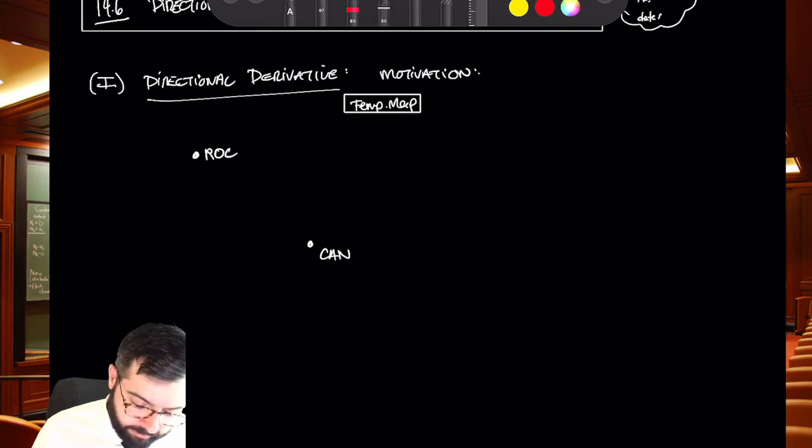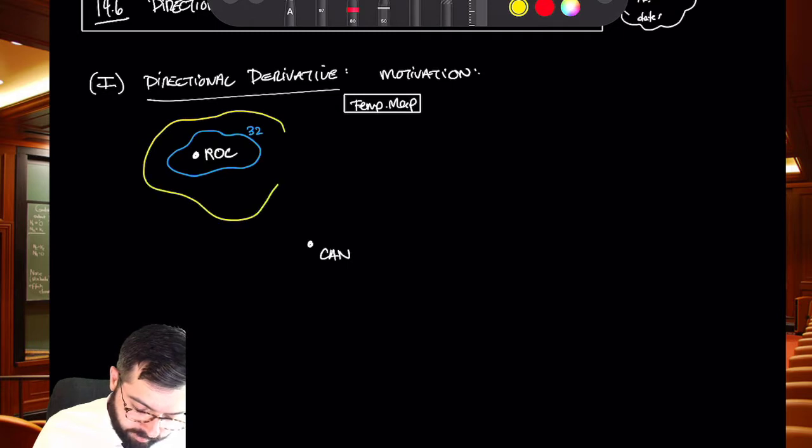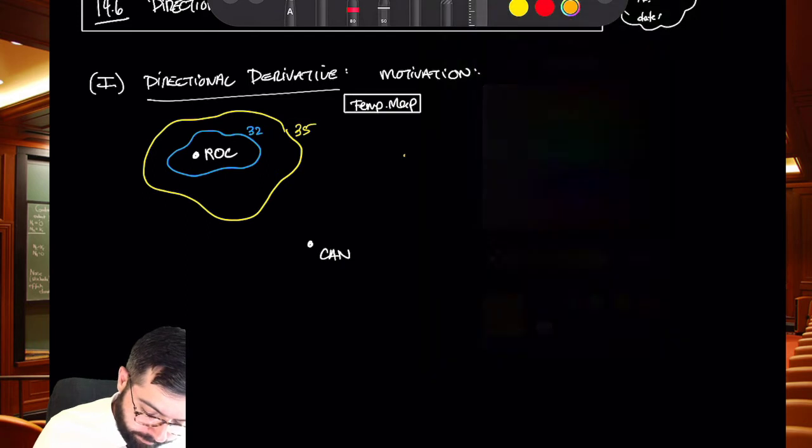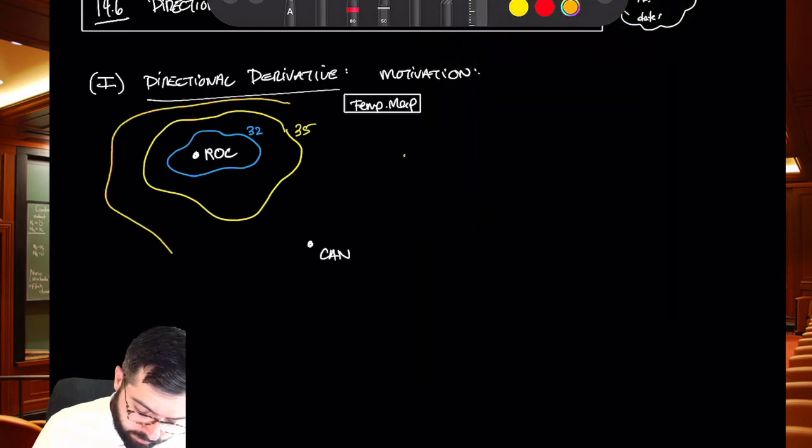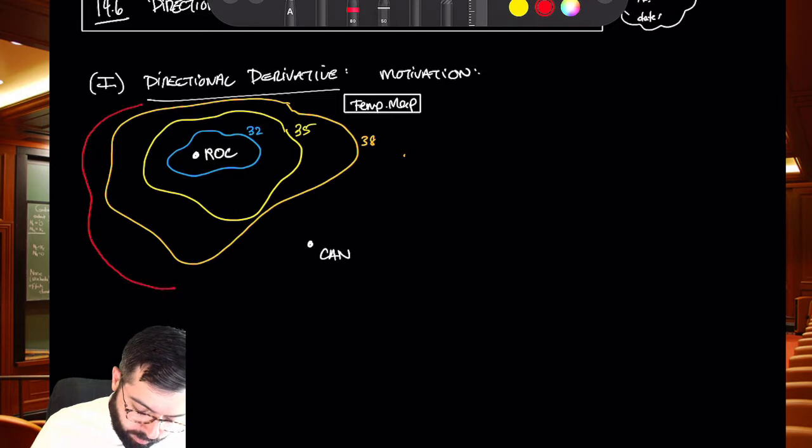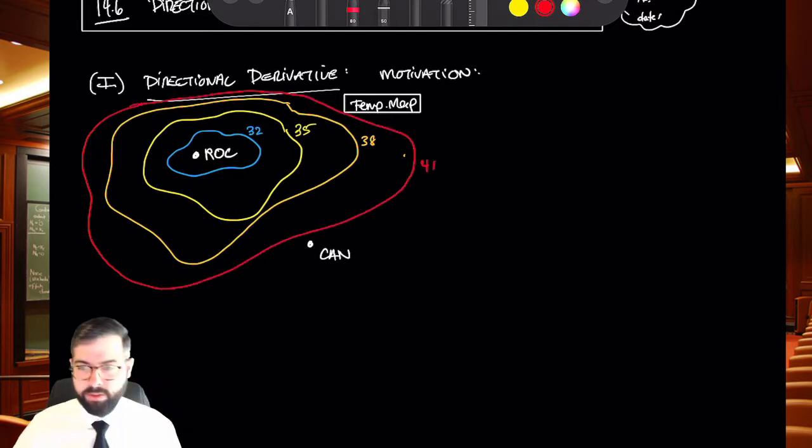So let's say, around Rochester, we got a 32 degrees, and then as we move out, something like this, 35 degrees on this particular day. Let's go a little bit more orange. Something like this, maybe at 38 degrees. And then a roasty 41 degrees.